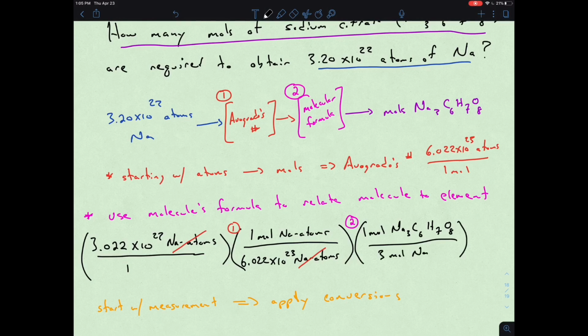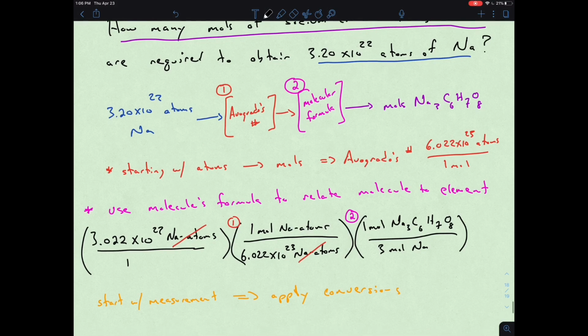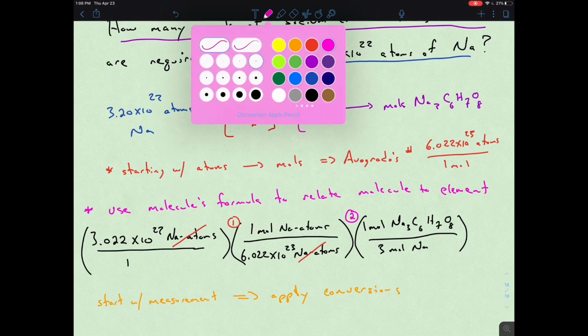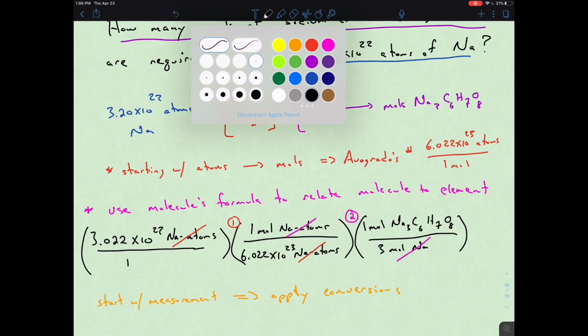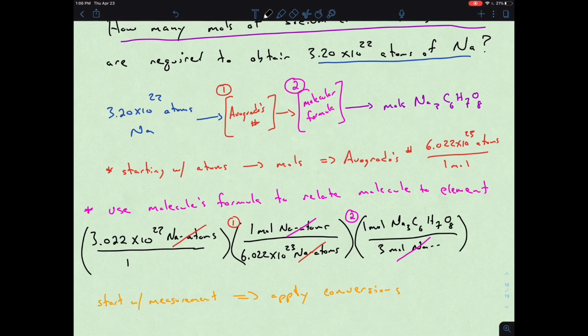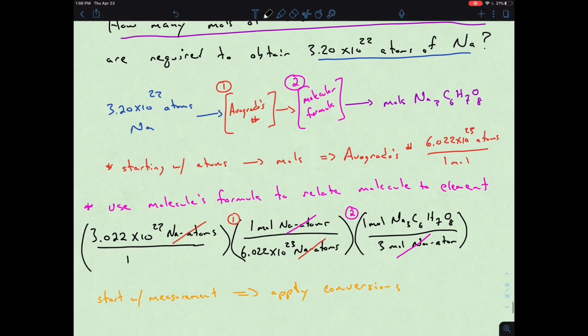And I'm just getting that from the formula, right? In the formula, there's 3 sodiums, beside this, a 3 subscript beside the sodium. So that's where my number of sodiums is coming from. And so now my sodium atoms are being converted into the molecule that that sodium atom is actually a part of.